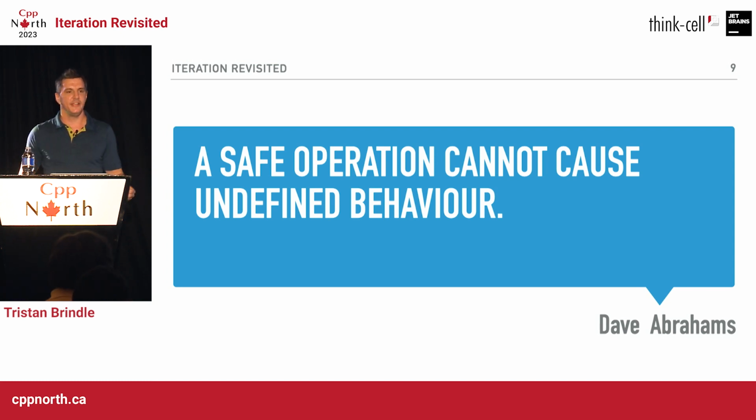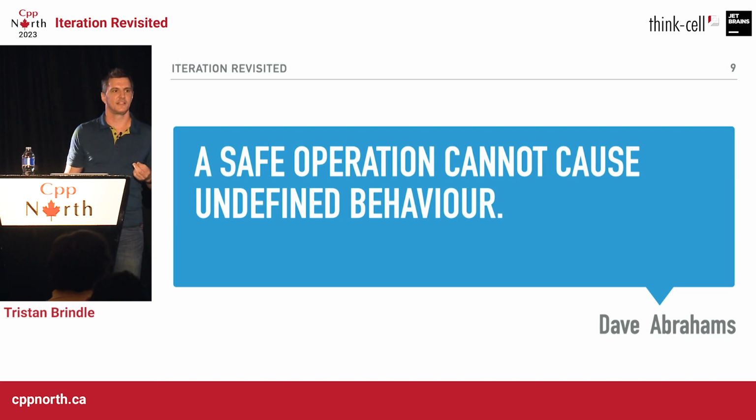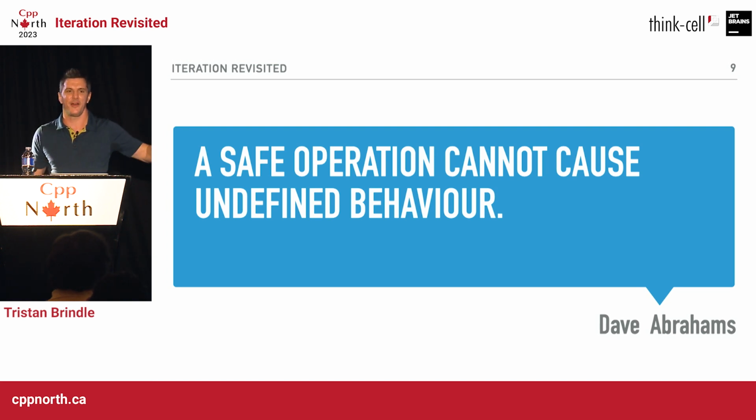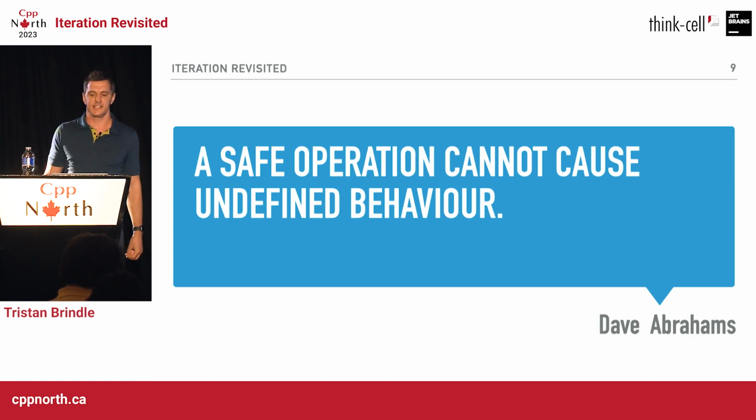If we want to reason about our programs and how they work and what they're doing, we need to avoid undefined behavior at all costs. Really, we can't start to reason about any other kind of safety until we have eliminated undefined behavior. Okay, so this is the definition of a safe operation that I really like.